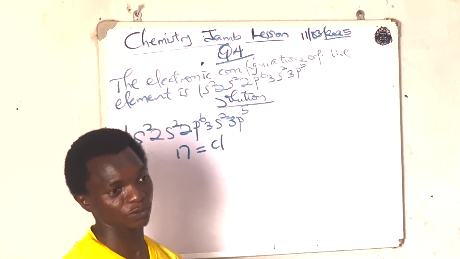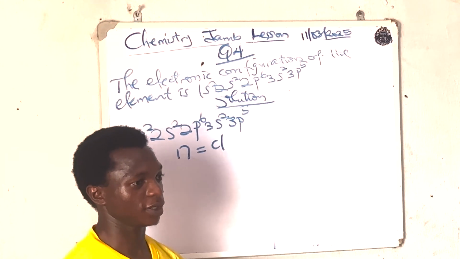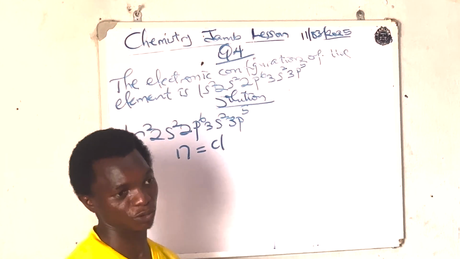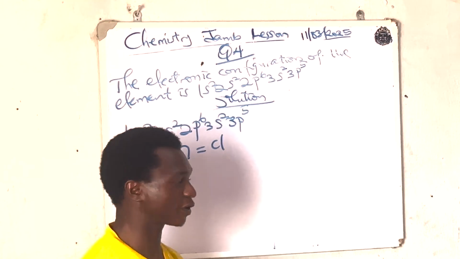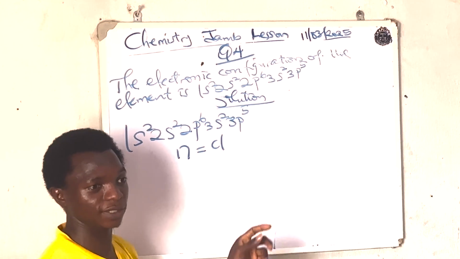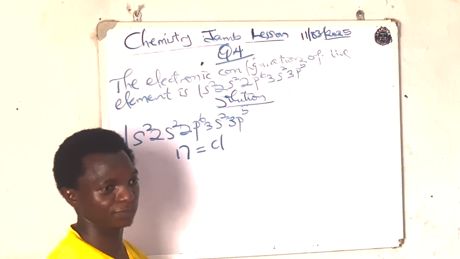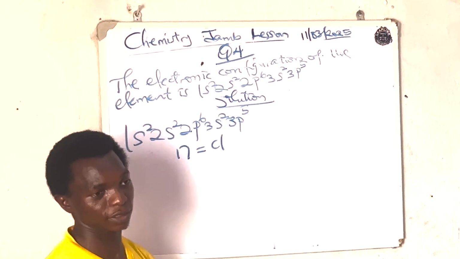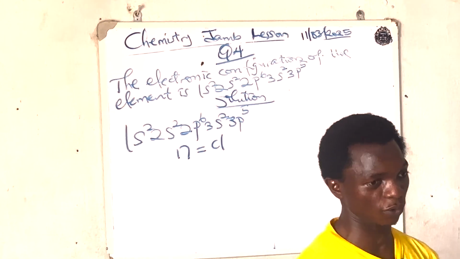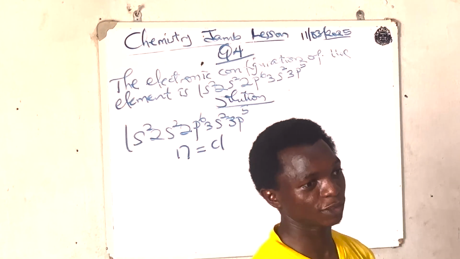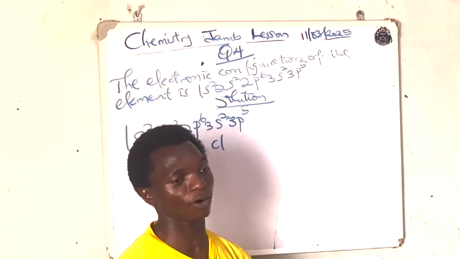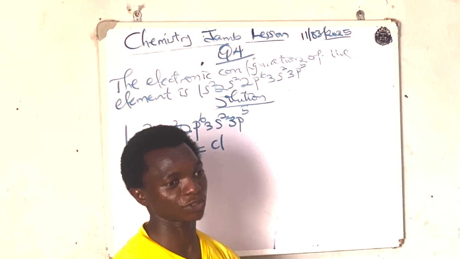What made chlorine electronegative is that it ionizes by gaining one valence electron. So the type of chemical bonding or combination the element will likely exhibit is electrovalence, or ionic bonding. Electrovalent is also known as ionic bonding.